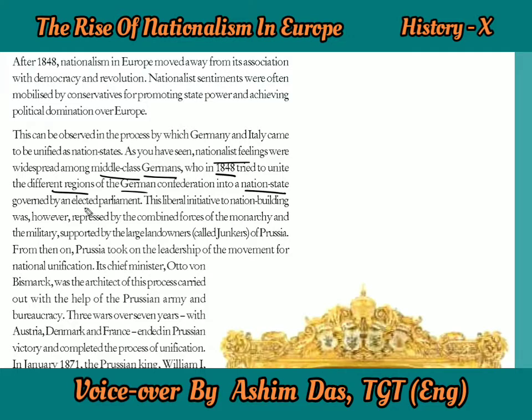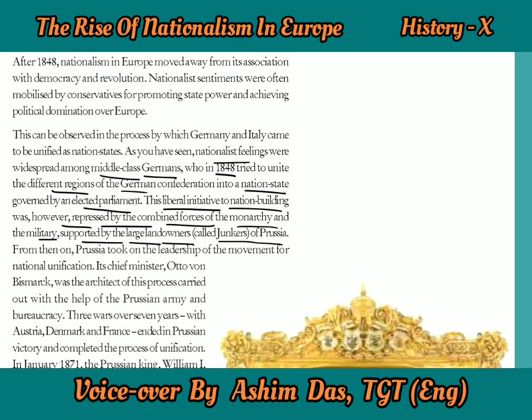The middle class Germans were mostly aware that we must make a government where all the people will be equal. This liberal initiative to nation building was, however, repressed, and it was controlled by the combined forces of the monarchy and the military.